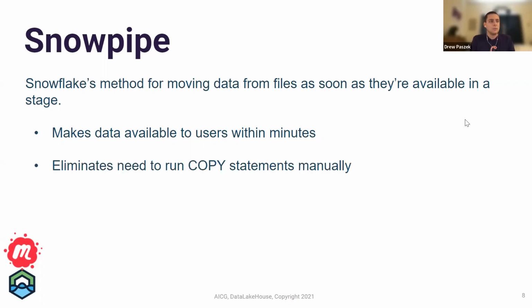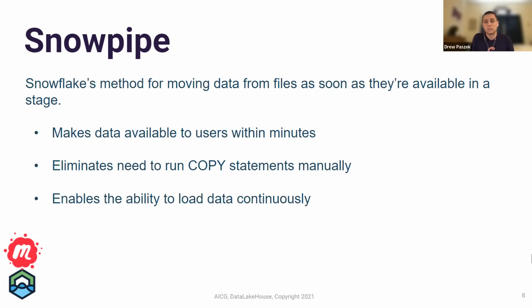But essentially, it's the ability to have data within minutes of it appearing inside of that stage. So whether it's an S3 bucket or Google Cloud Storage or Azure Blob Storage, a file lands there, and Snowpipe takes that data and moves it into your target data location inside Snowflake.